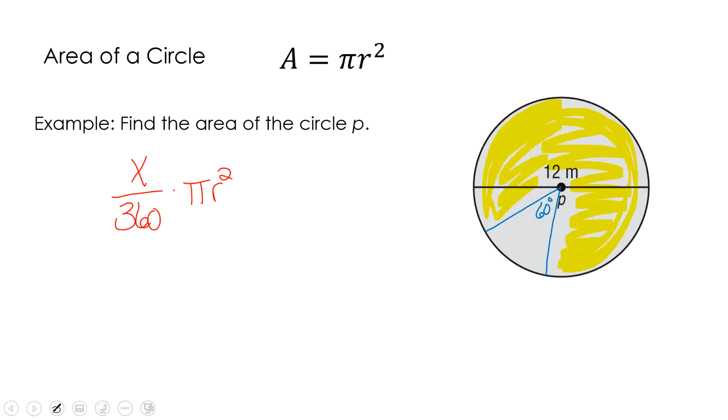My central angle they gave us is 60 degrees. So I know the central angle for the shaded region is going to be 300. It's just 360 minus 60. So to figure this out, I got 300 over 360 times my radius, which is still 6. So it's going to be times 36 pi.